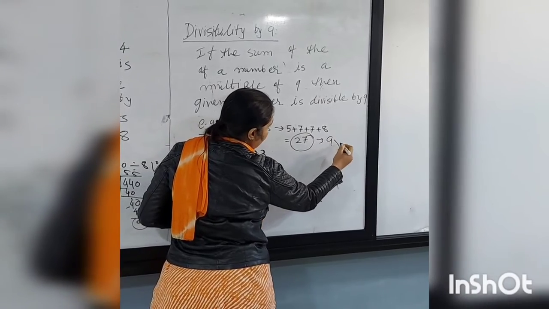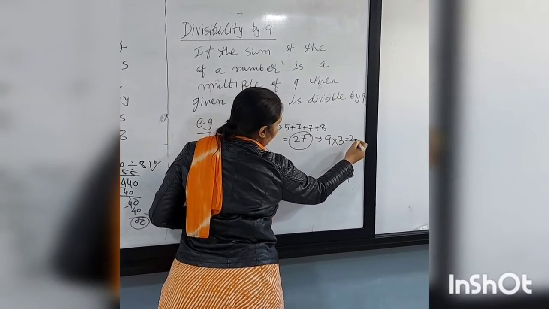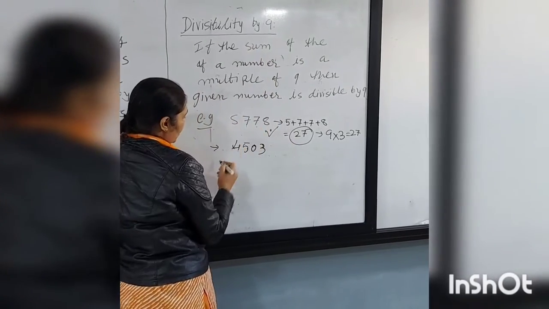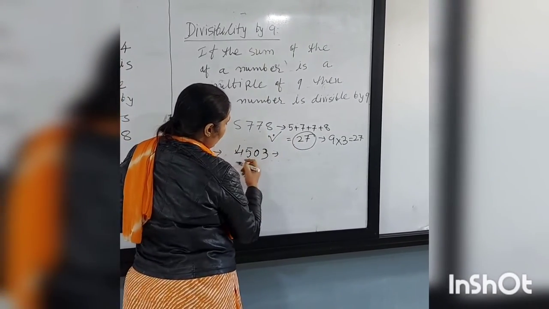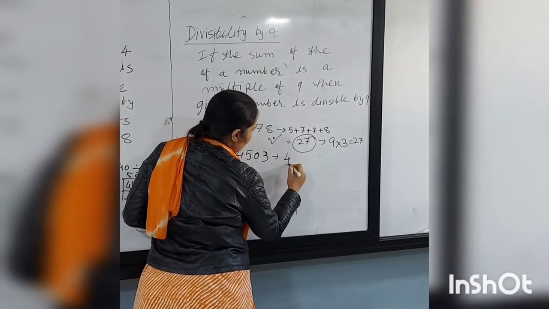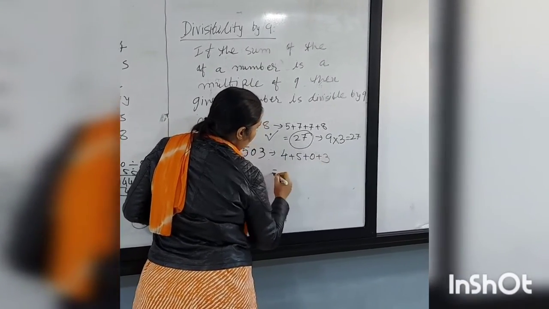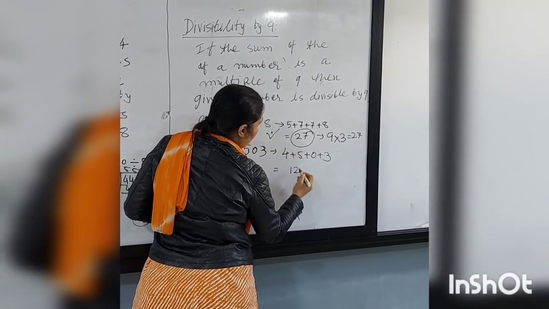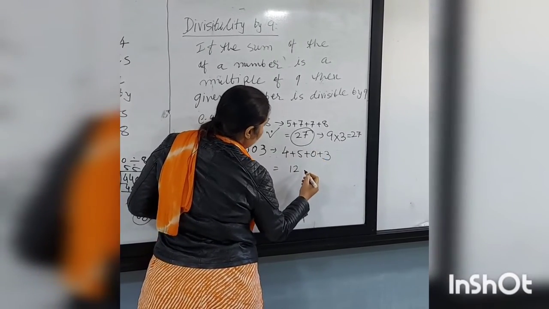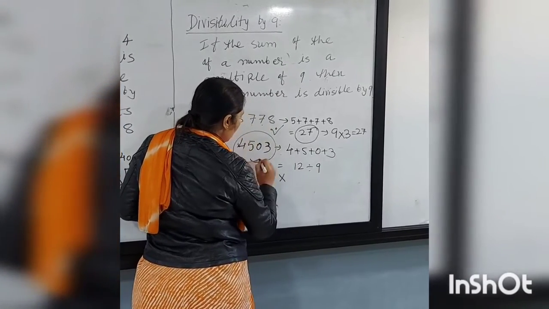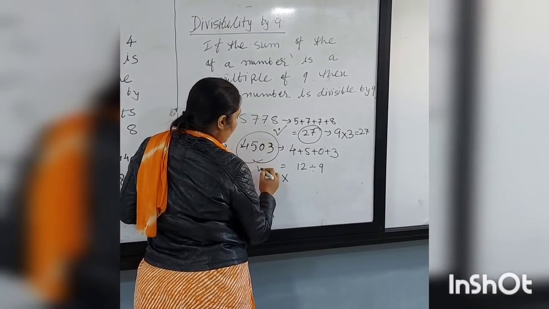Yes, 9 3s are 27. So this number is divisible by 9. The other number, 4503. So 4 plus 5 plus 0 plus 3, total is 12. So is this number divisible by 9? No. So this number is not divisible by 9.